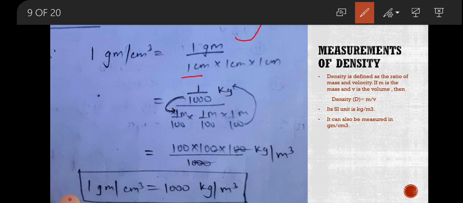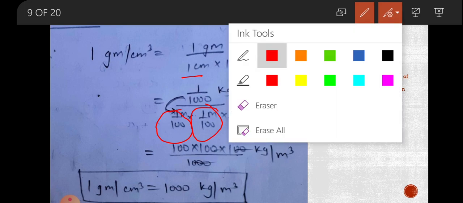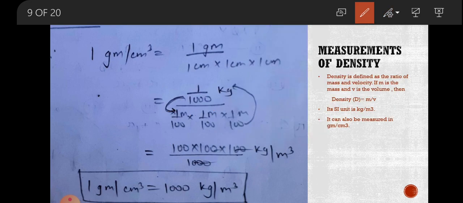Similarly, 1 centimeter can be replaced by 1 upon 100 meter, and this is done for each of the three centimeters. Now 100 into 100 into 100 goes into the denominator, and the 1000 comes into the numerator, so we have 100 into 100 into 100 divided by 1000.